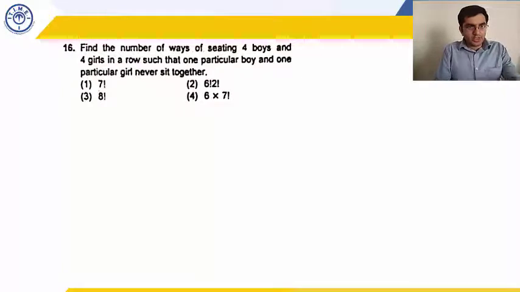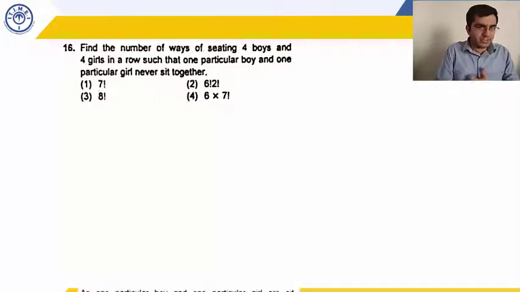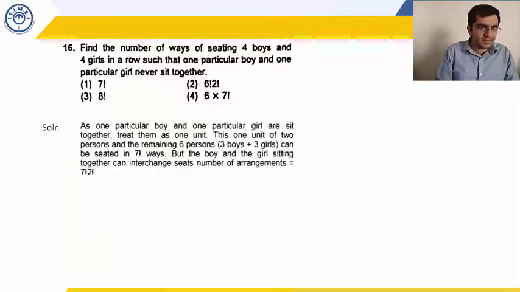So the first thing is that total number of ways is 8 factorial. Okay, so as one particular boy and girl sit together, I treat them as one unit. So when I treat them as one unit, now I have the remaining 3 boys and 3 girls, that is 6 units.